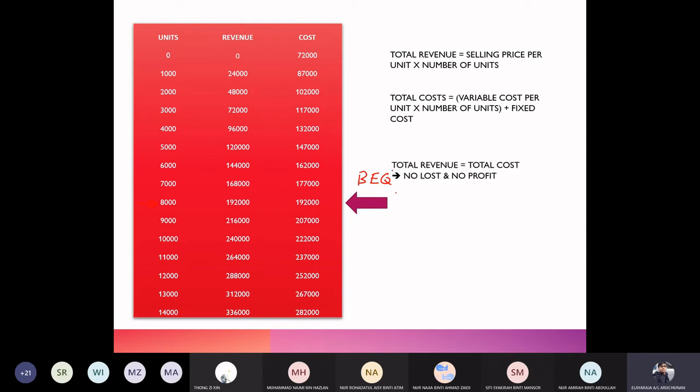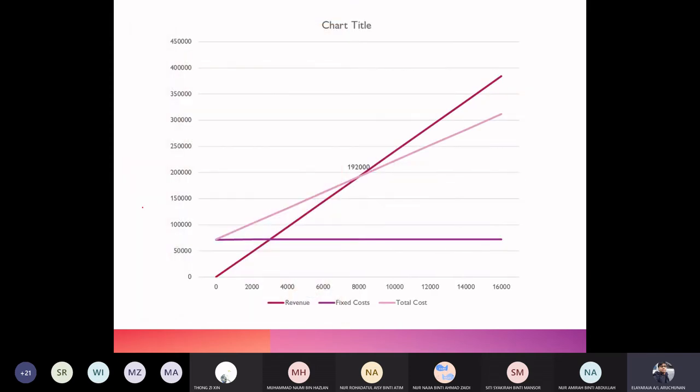Now the total revenue equals total cost, which means you reach this point, so you can easily express it in the graph. If you transfer that information into graphical form, it will look like this. This point is the break-even point where the quantity is 8,000.